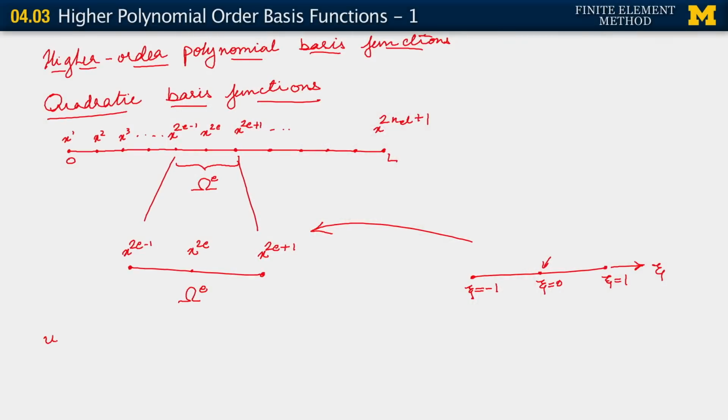Now, when one is working with quadratic basis functions, our trial solution over element e is essentially going to be written as an expansion over the basis functions for that element, right? In this case, we have A, which represents the local node number or the local degree of freedom number, running from 1 to the number of nodes in the element, right? And in this case, NNE equals 3.